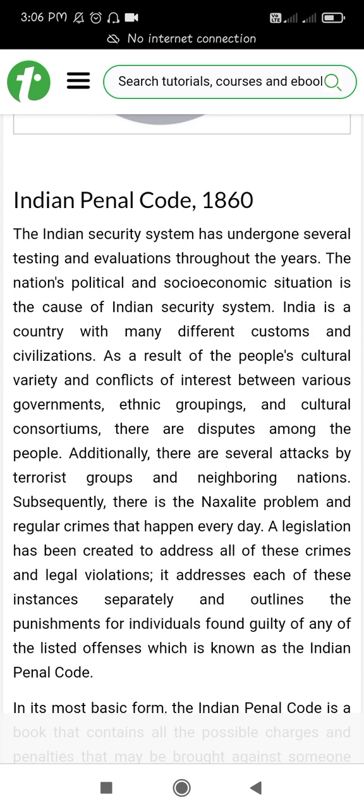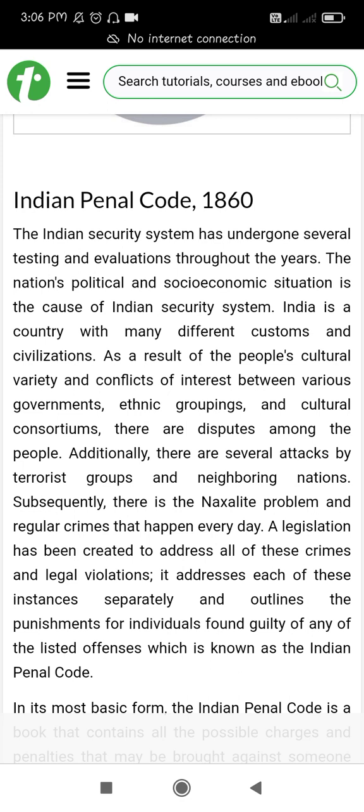As a result of the people, cultural variety, and conflicts of interest between various governments, ethnic groupings, and cultural consortiums, there are disputes among the people. Additionally, there are several attacks by terrorist groups and neighboring nations. Subsequently, there is the Naxalite problem and regular crimes that happen every day.